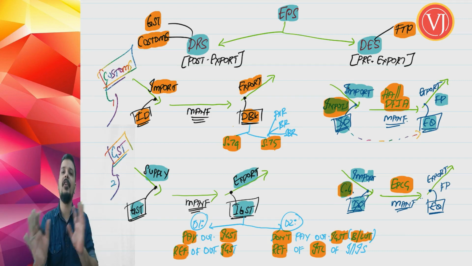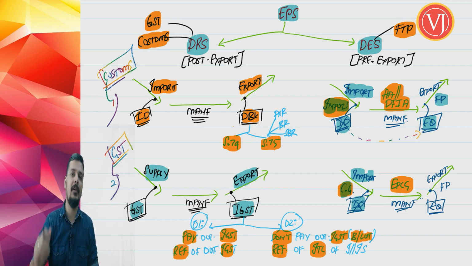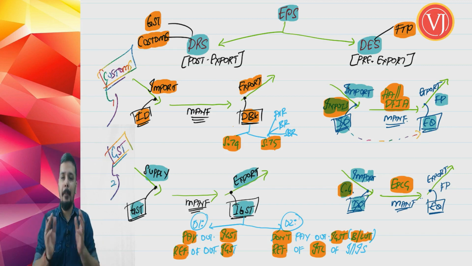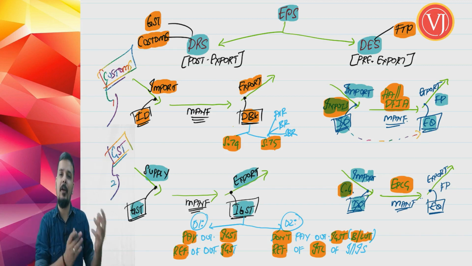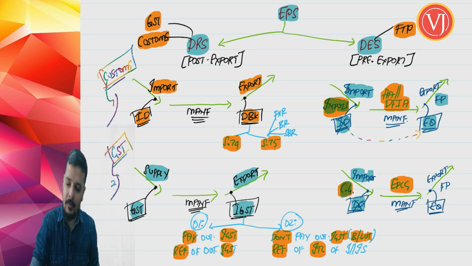But the concept of functioning of both are exactly the same. So you import inputs, don't pay import duty against advance authorization or duty free import authorization, promise some export obligation. Right? You import capital goods, don't pay import duty under EPCG scheme. You promise some export, because as and when you are not paying import duty, you have to promise some export, that is export obligation.